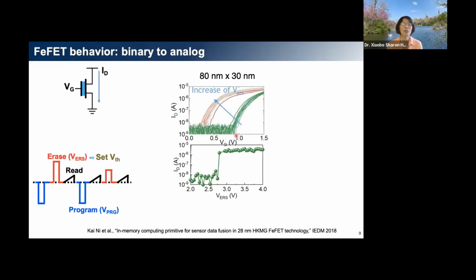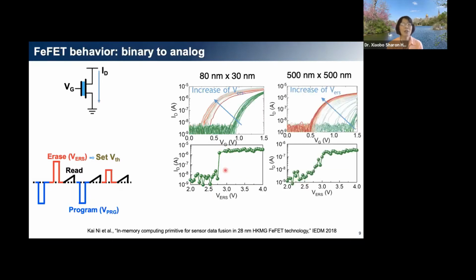Here I show two VTH levels, one high and one low, and you can see that it distinctively has two states. You could also have multiple states by using different erase voltages to program it.